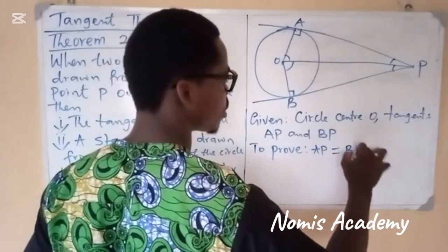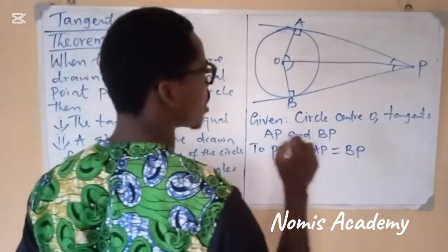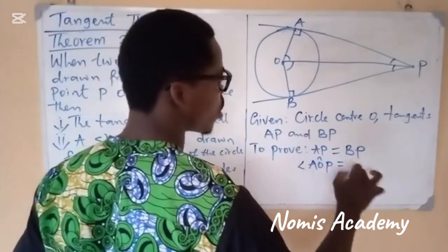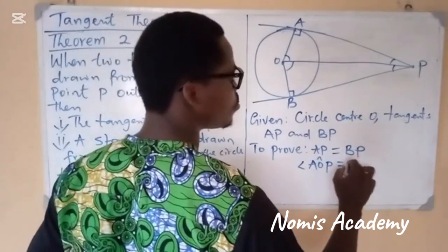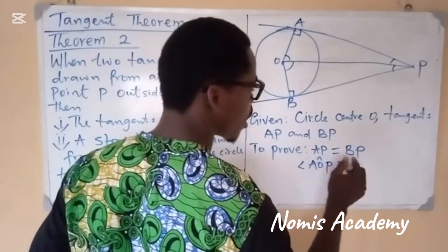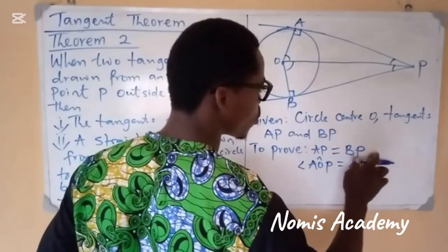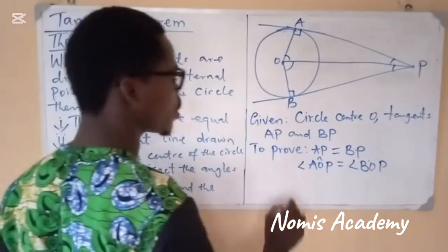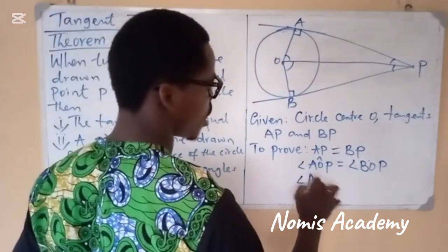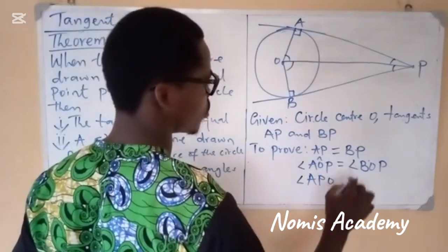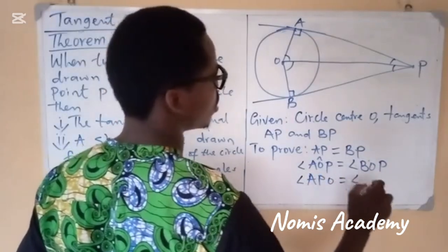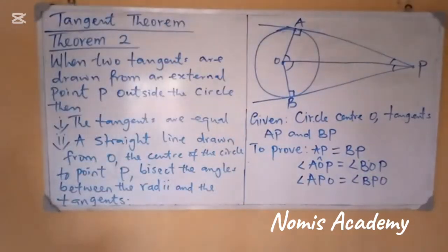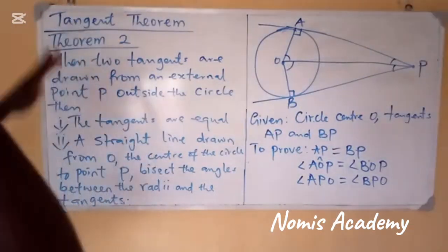Secondly, we are to prove that angle AOP is equal to angle BOP. The next, we are also going to prove that angle APO is equal to angle BPO. So these are the three things you are going to prove in this theorem, according to the statement.